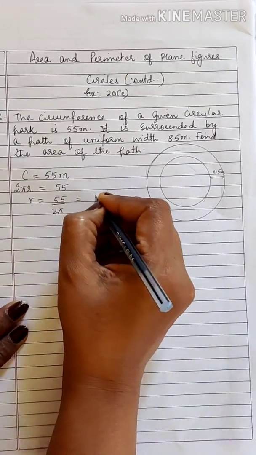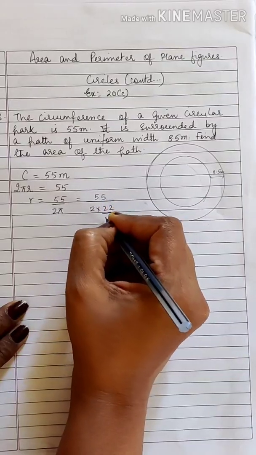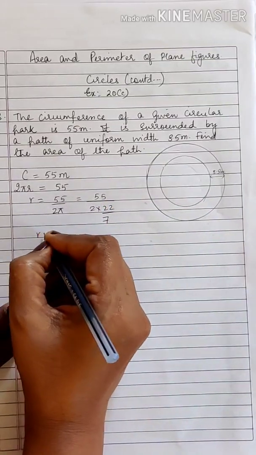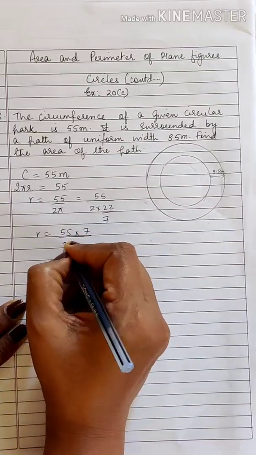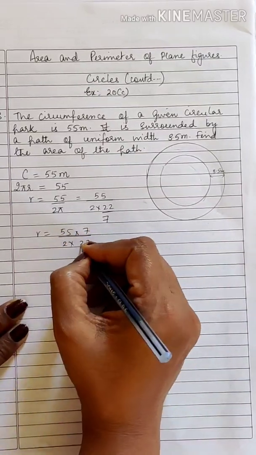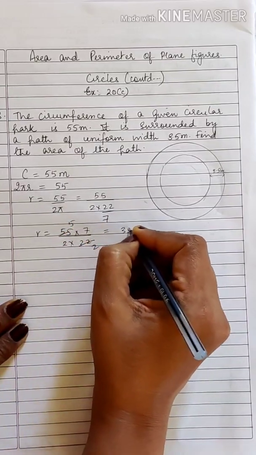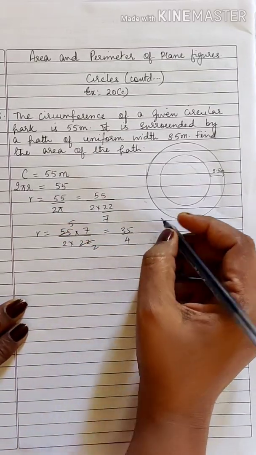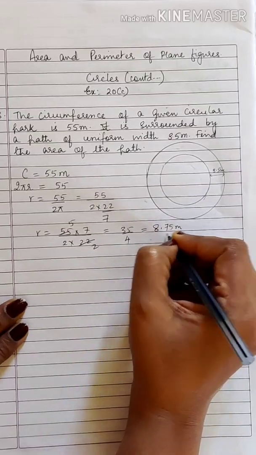So this will be equal to 55 by 2 into 22 by 7, which will give you 55 into 7 by 2 into 22. 11 2s are 22, 11 5s are 55, which is equal to 35 by 4, which is 8.75 meter.